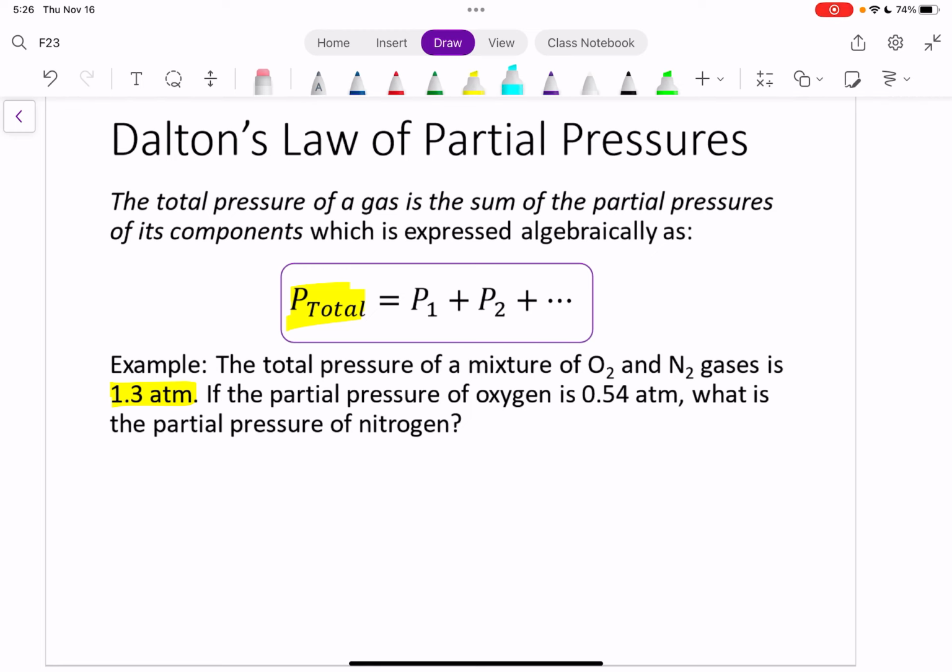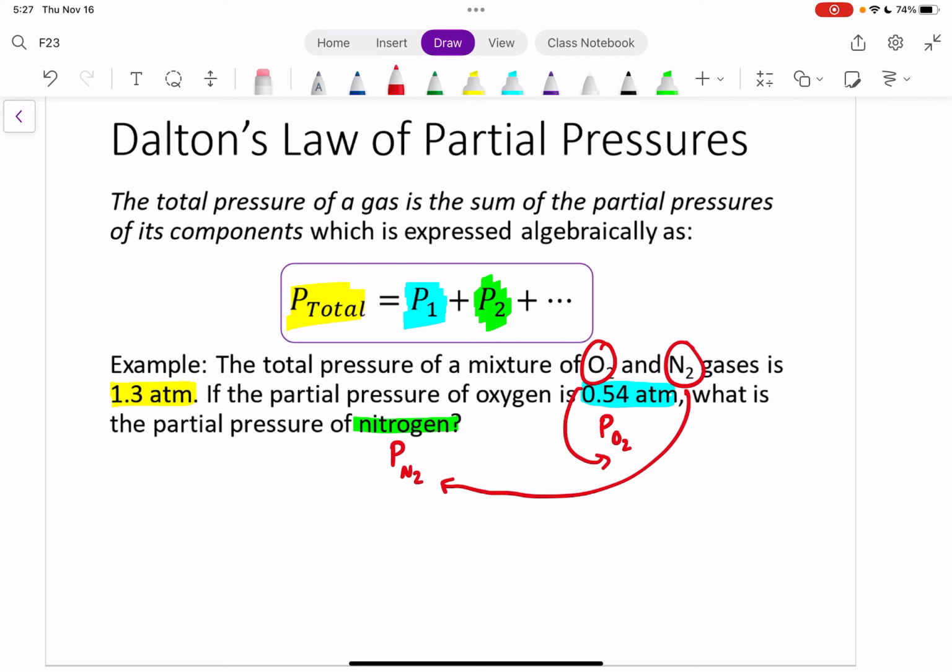So if oxygen is exerting a partial pressure of 0.54 atm, we can call that P1, or sometimes you'll see PO2, and that's just to say the pressure due to oxygen, plus the pressure due to nitrogen. And we could call that PN2, right? The pressure of nitrogen. N2 over here and O2 over there. That's where I'm getting those subscripts from.